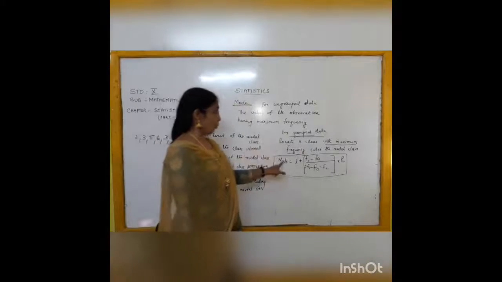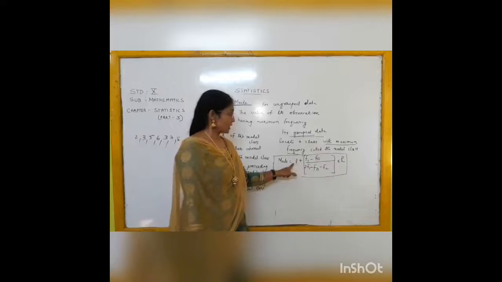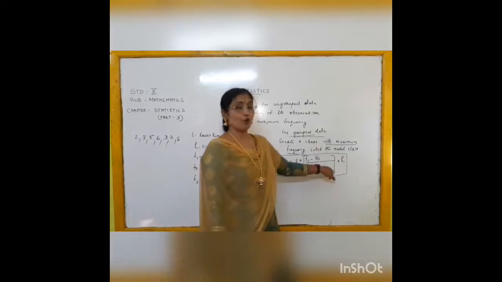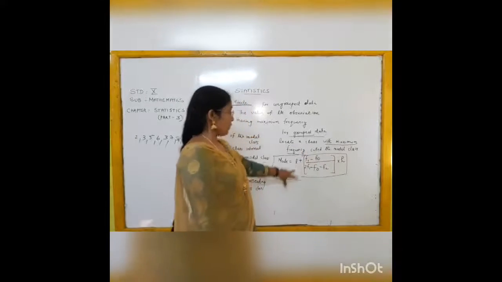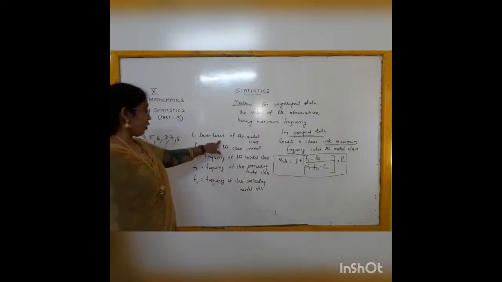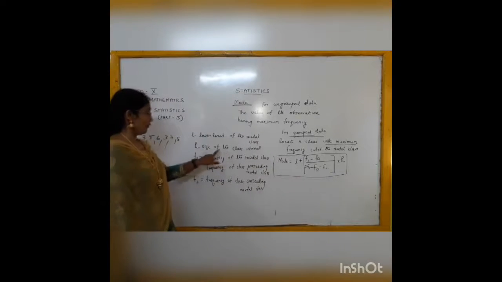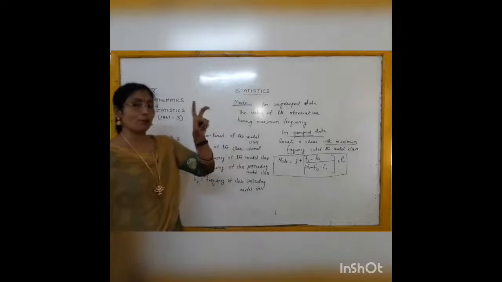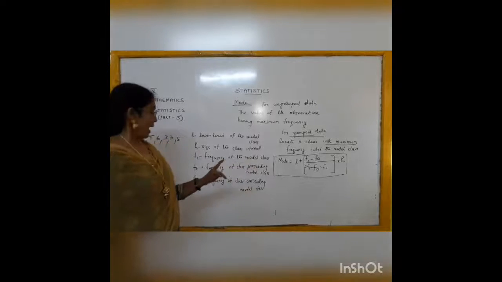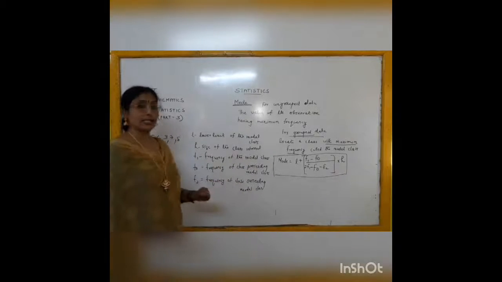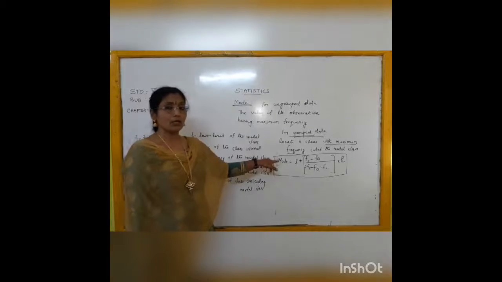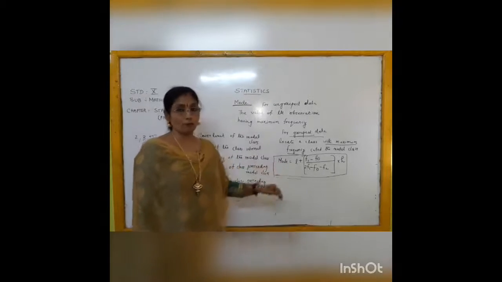For finding the mode, we use this formula: Mode is equal to L plus (F1 minus F0) divided by (2F1 minus F0 minus F2), into H. Here L is the lower limit, H is the size of the class interval, F1 is the frequency of the modal class, F0 is the frequency of the preceding class, and F2 is the frequency of the class succeeding the modal class. Now based on this we can do one sum, to find the mode using this formula.